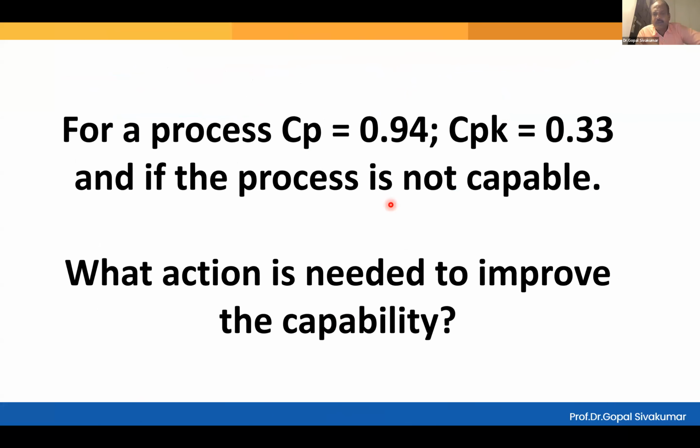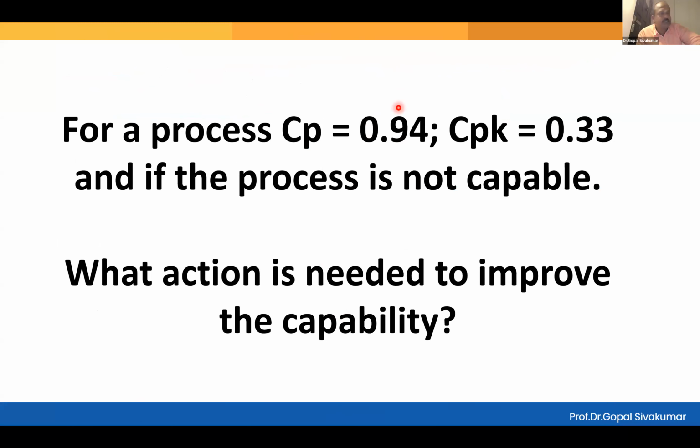For a process with Cp equal to 0.94, Cpk equal to 0.33, tell me whether this process is capable or whether this process is consistent. What is your conclusion? Not capable, sir. Not capable. How about consistency? Also not consistent.